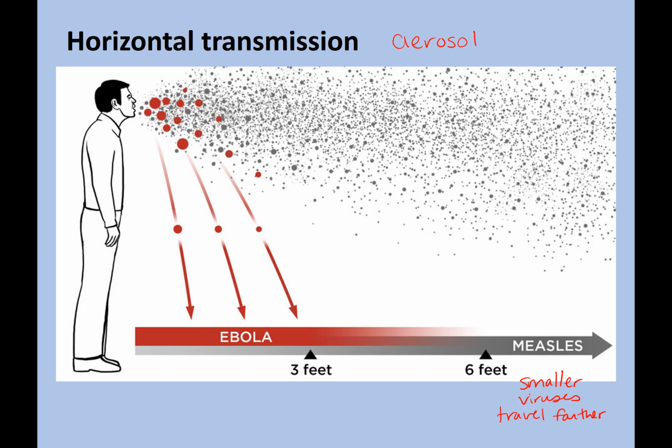So things like Ebola has a size of 970 by 80 nanometers. Because remember, Ebola's this long.